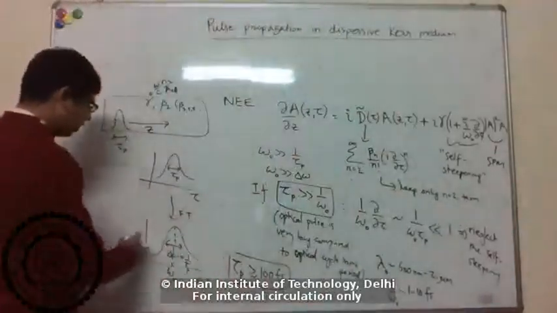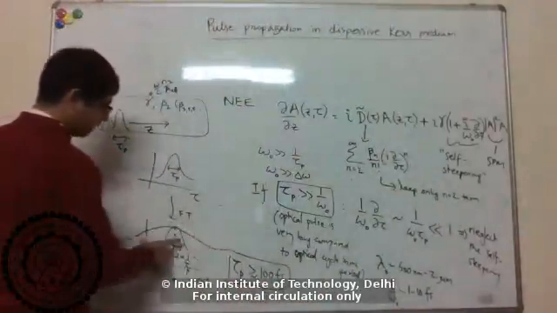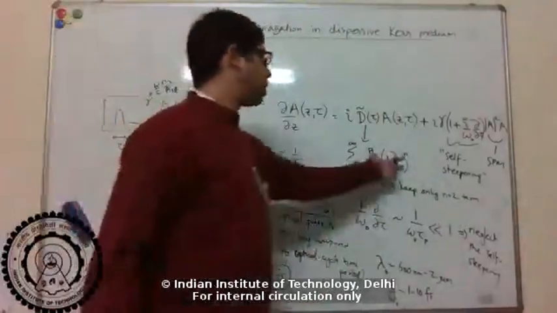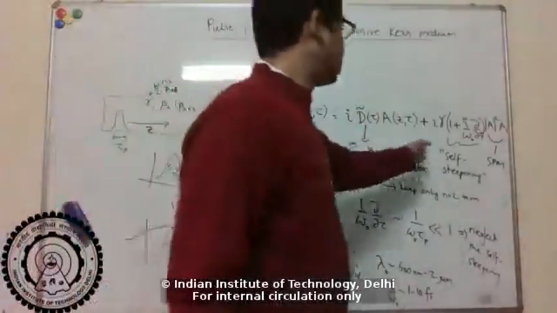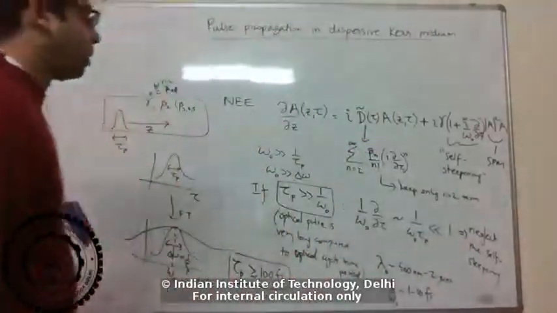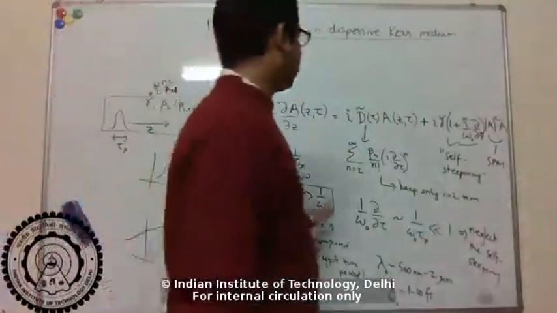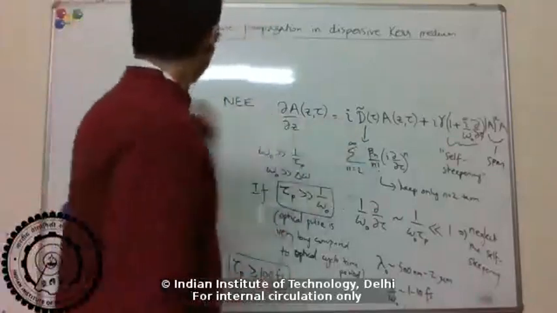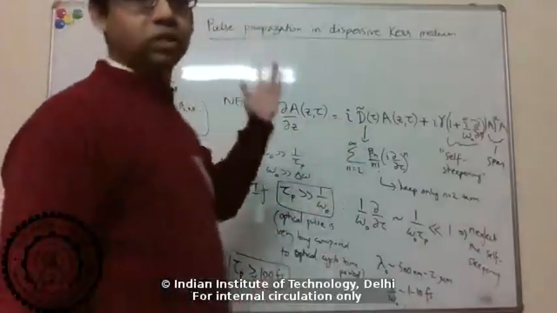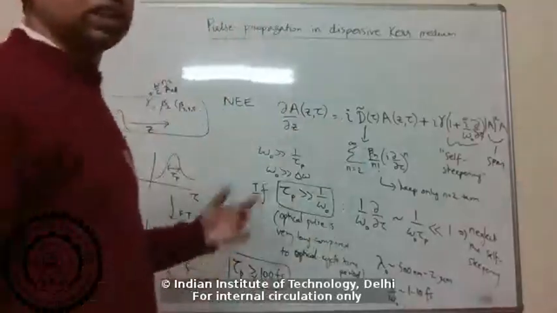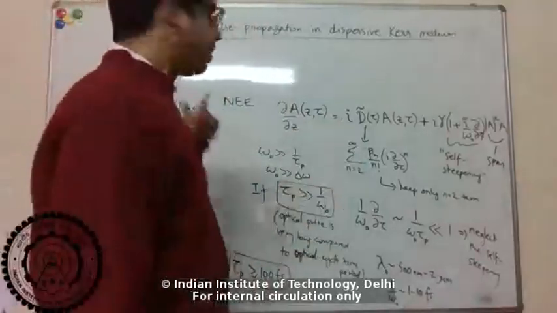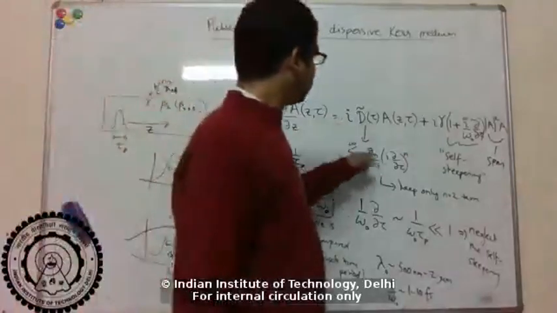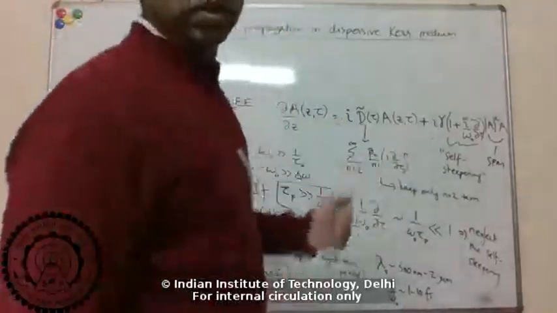But if you had a very broadband pulse where the bandwidth becomes comparable to the center frequency, then you have to take the higher order terms also. Or in some special cases, for example, a special medium where beta 2 is close to 0, such as optical fibers, where at certain wavelengths the GVD goes to 0, then of course beta 2 is 0, so you have to consider the next higher order term, beta 3.